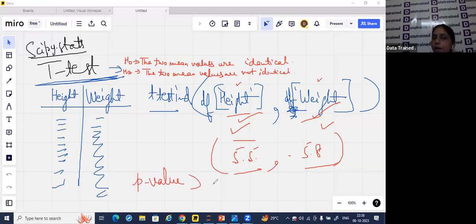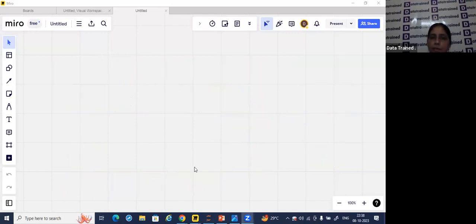If the p-value is greater than 0.05, I will say the two mean values are identical. So the null hypothesis is accepted and the alternative is rejected. It means it is proven that the two mean values are identical. So let's see how to do the t-test. You just need to understand this here.